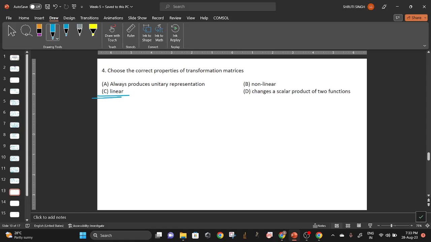Now, as I told in the beginning, transformation matrices produce unitary representations only if the orthonormal basis functions are used.